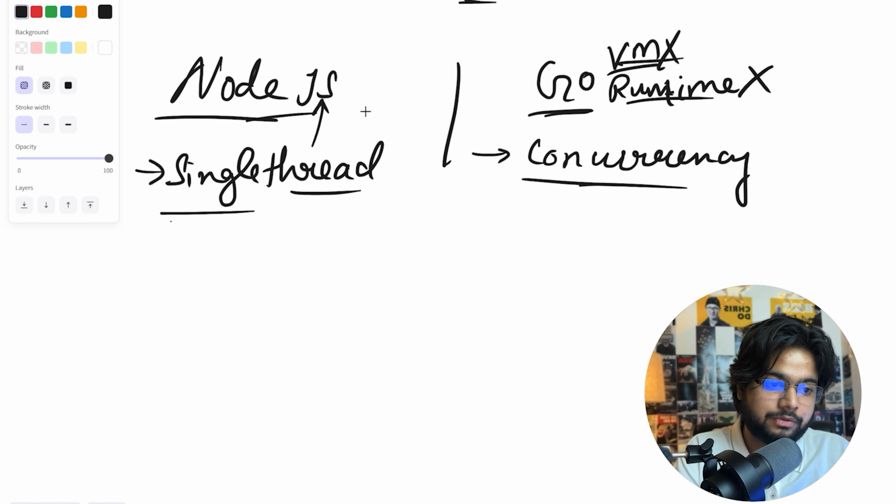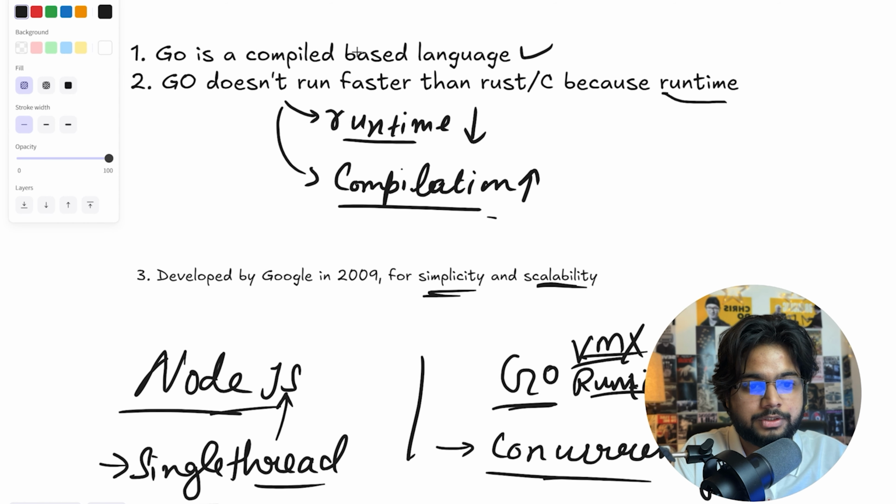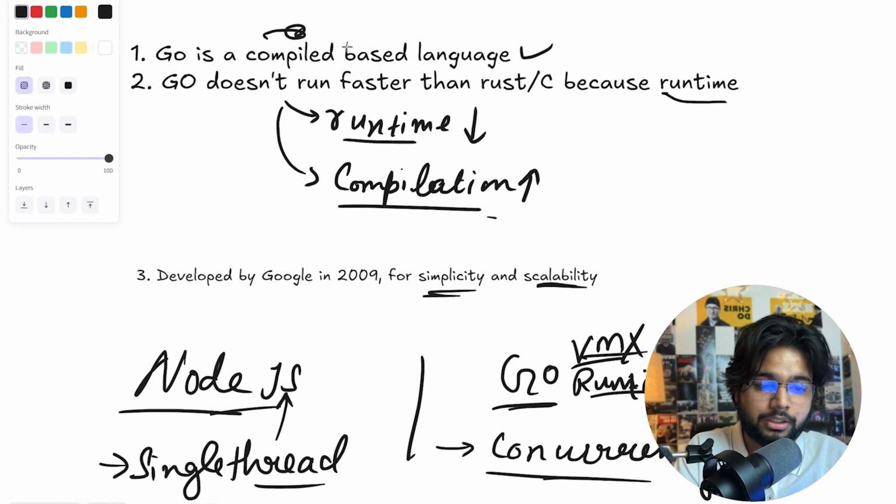If you are coming from the JavaScript family, you will enjoy Go. You'll be seeing this speed and a lot of things you can do inside it. So moving forward, I talked about how Go is a compile-based language. What are compile-based languages? What are interpreted languages? For an interpreted language, you must install a runtime or a VM to run it. Whereas for compile-based languages, you don't have to install anything.